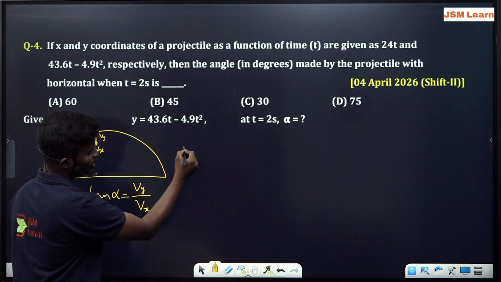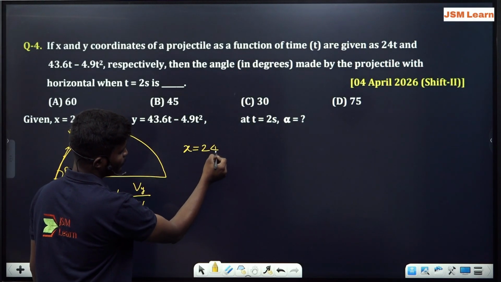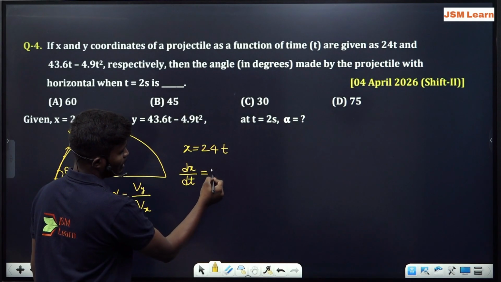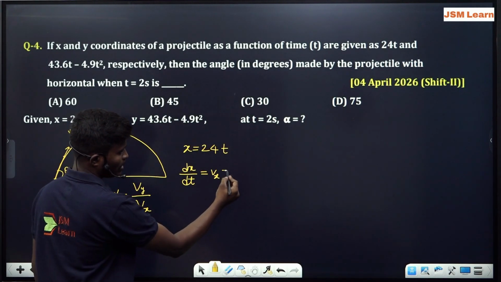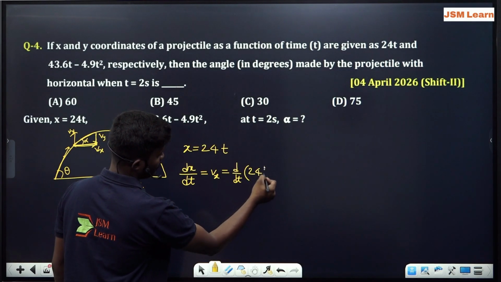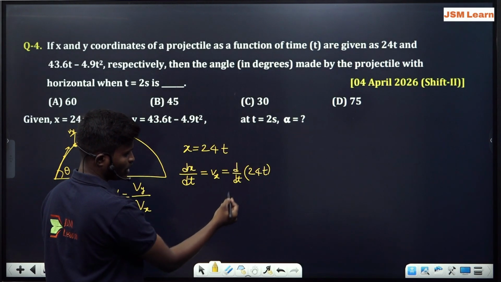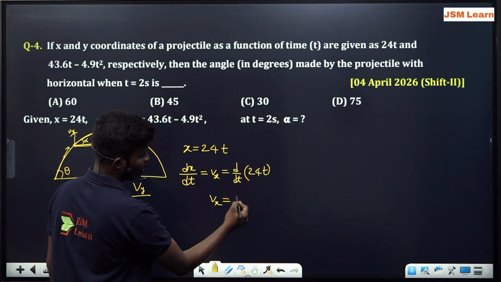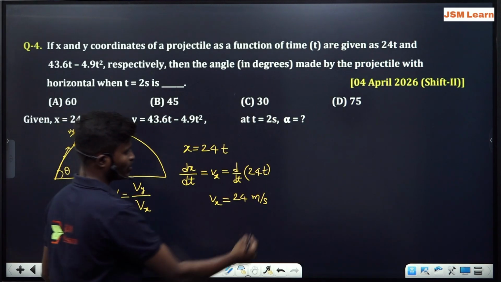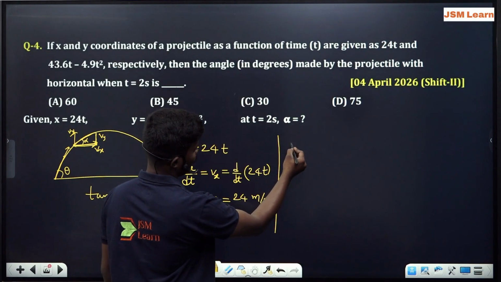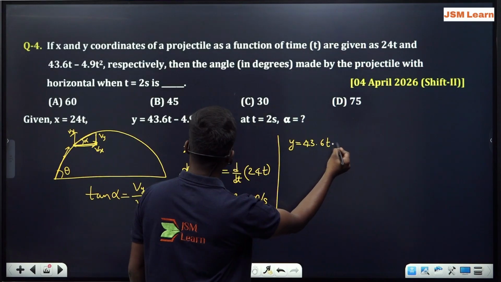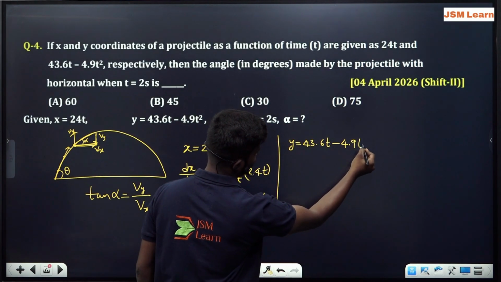From the given value, x is equal to 24t, so dx by dt, which is nothing but velocity in x direction, is equal to d by dt of 24t. The derivative of 24t with respect to time gives Vx equal to 24 meter per second. Now if we solve for y also, y is equal to 43.6t minus 4.9t square.